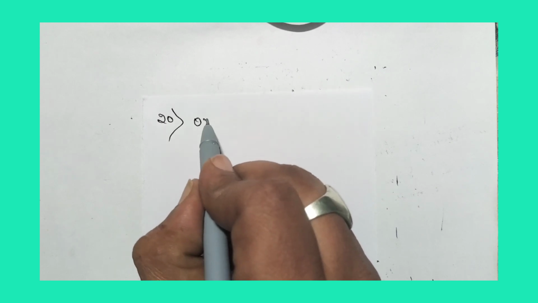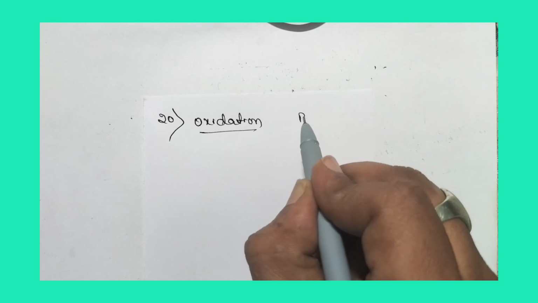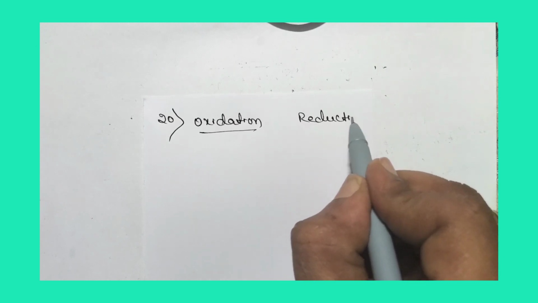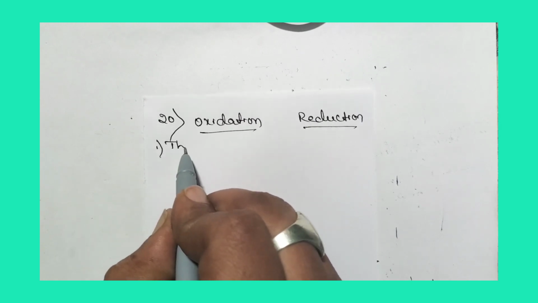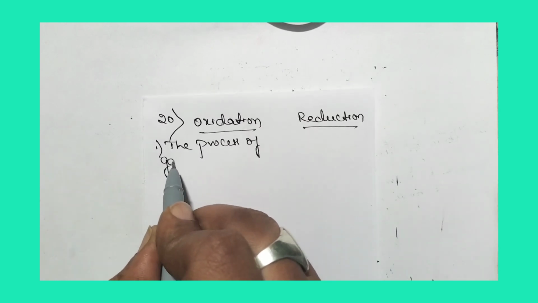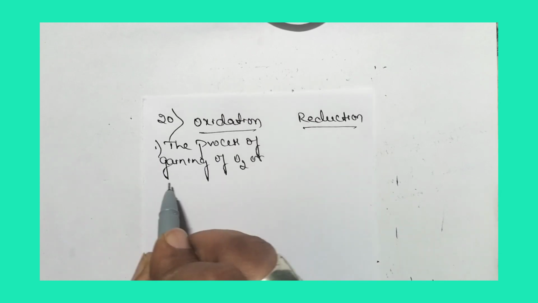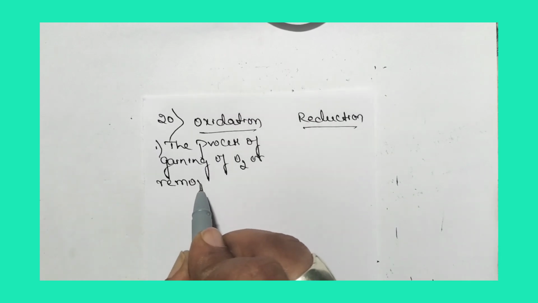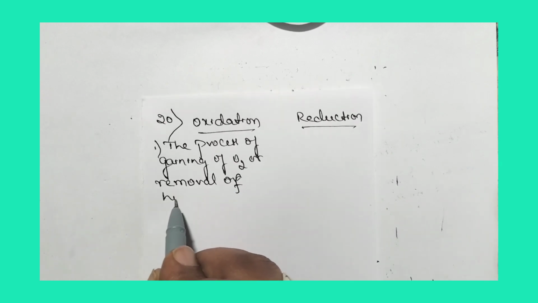So the 20th question is: write the difference between oxidation and reduction. Oxidation is the process of gaining of oxygen or removal of hydrogen.